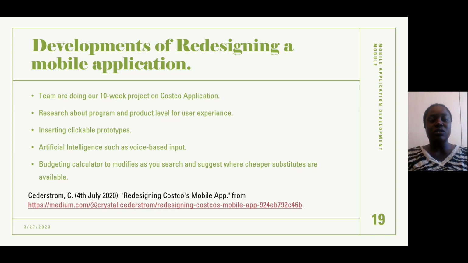Our group is doing a 10-week project on the new Costco application and researching product level for user experience and inserting clickable prototypes, and we need to add artificial intelligence such as voice-based inputs and a budgeting calendar to update as you search, suggesting where is cheaper.